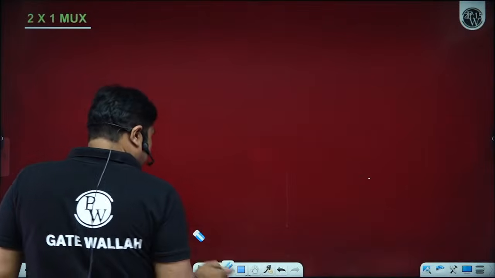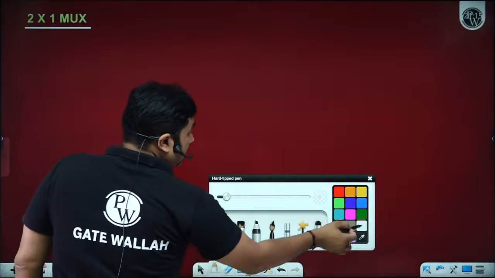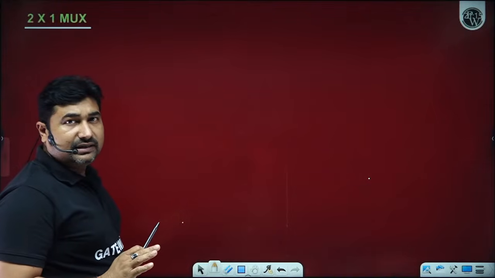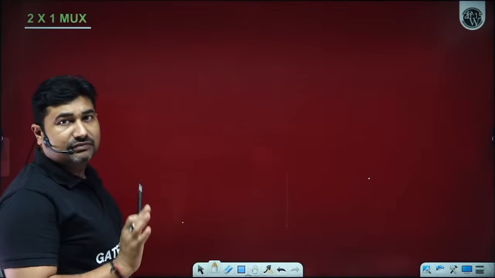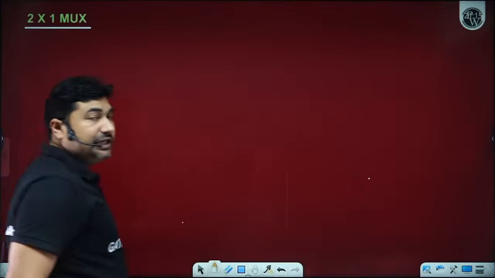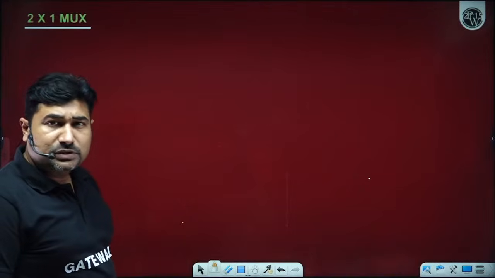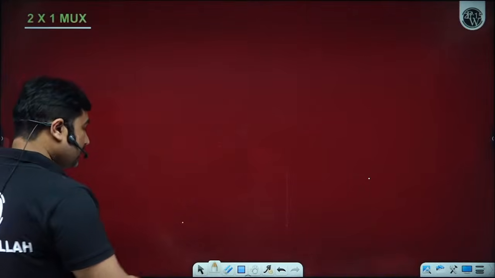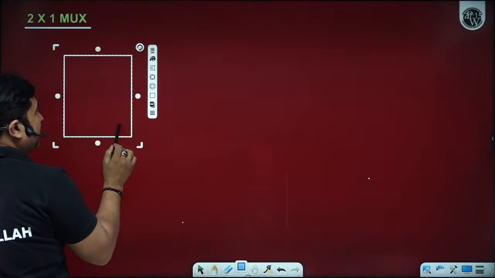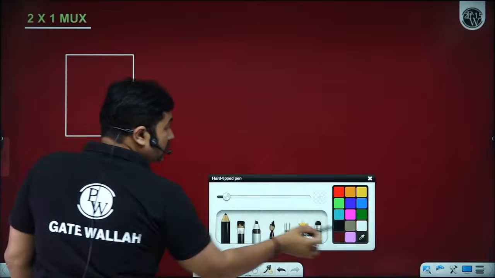So now all of you are able to understand the relation between the number of inputs, the number of select lines, and the size of the mux. To design any combinational circuit, first of all, we need to understand the inputs and outputs. In order to represent them, I am drawing the basic circuit of a 2 cross 1 mux.